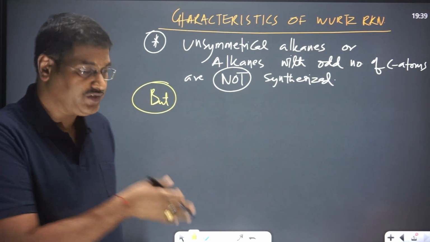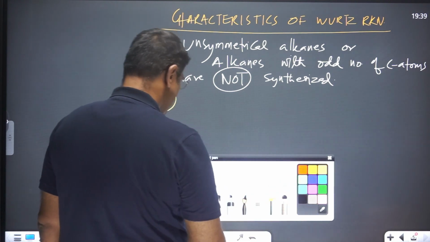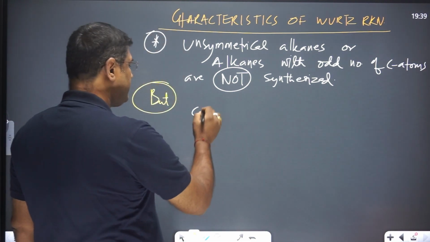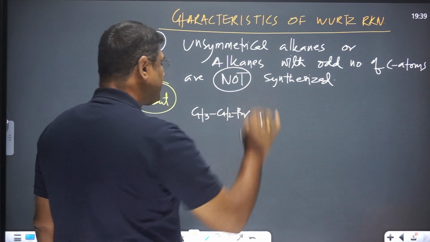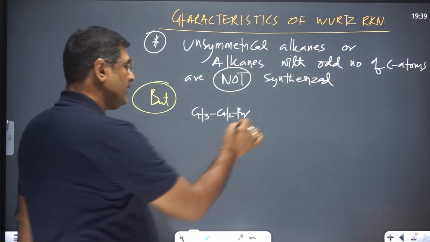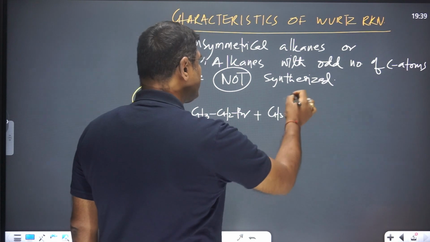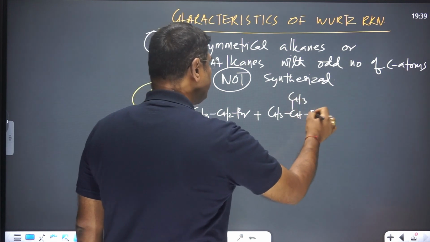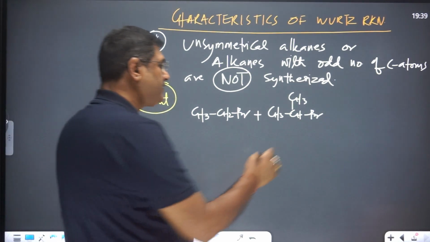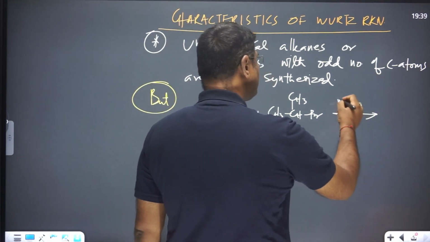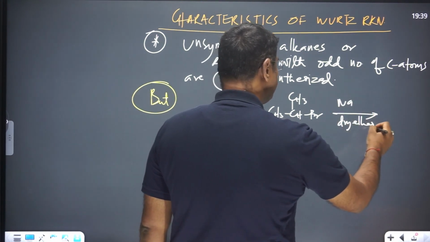Then let's take one example: CH3CH2Br, ethyl bromide, and isopropyl bromide, CH3CHBrCH3. If we take these two in the presence of Na in dry ether, then what happens?